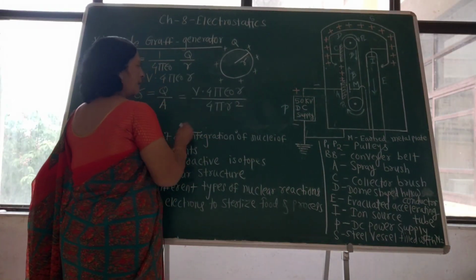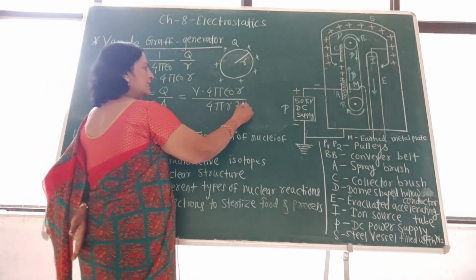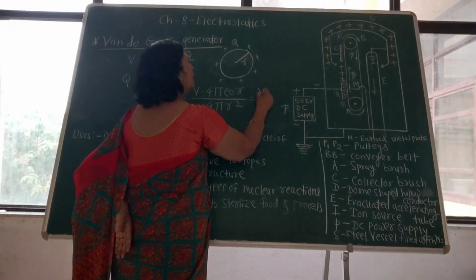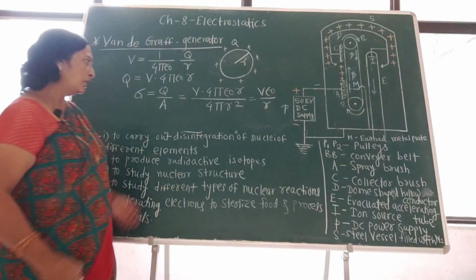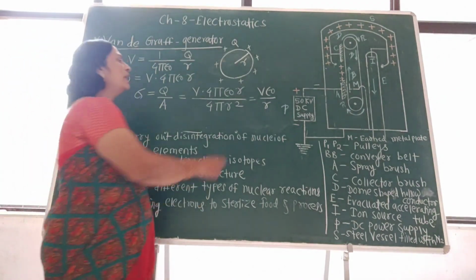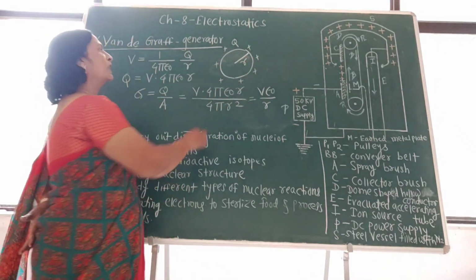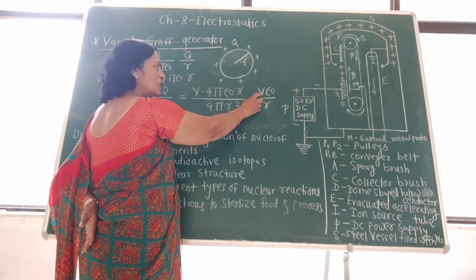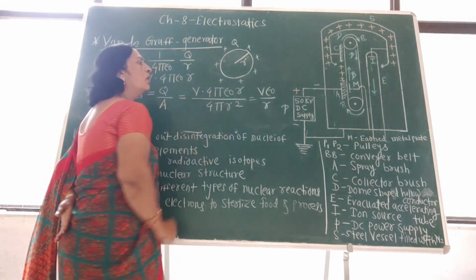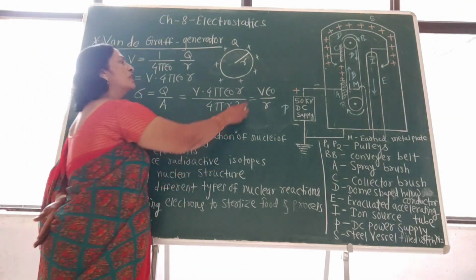Then the 4 pi gets cancelled, one R gets cancelled, and we get sigma equals V epsilon naught by R. In this equation, V is the potential, which is constant because the sphere is an equipotential surface. Epsilon naught, the permittivity of free space or vacuum, is also constant.